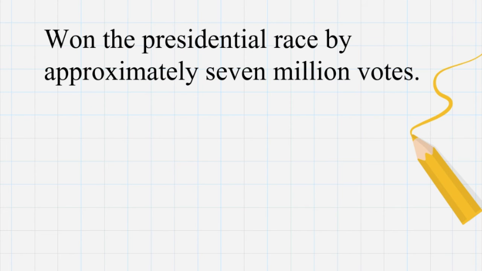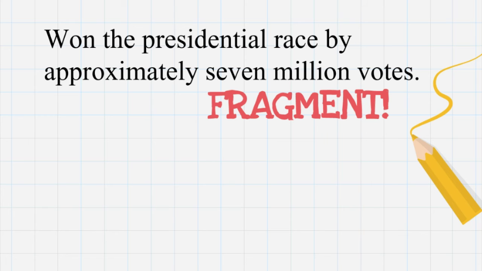Won the presidential race by approximately 7 million votes. So do you think it is a sentence or a fragment? So who won the presidential race? What do you think is missing in this statement? So it is a fragment. And there is a missing subject.